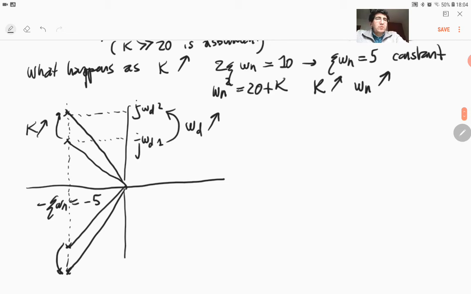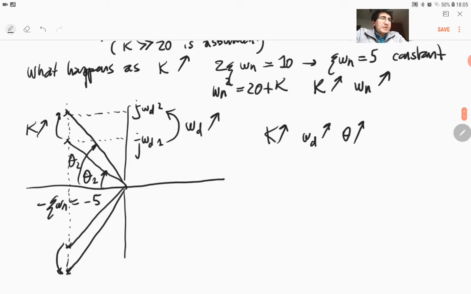So what's the effect of that? First of all, if this is our theta 1 and this is our theta 2, we see that as K is increased, omega d is increased, and also theta is increased.